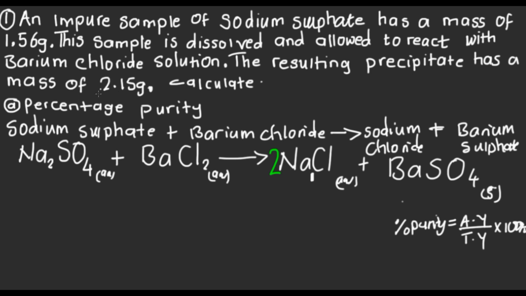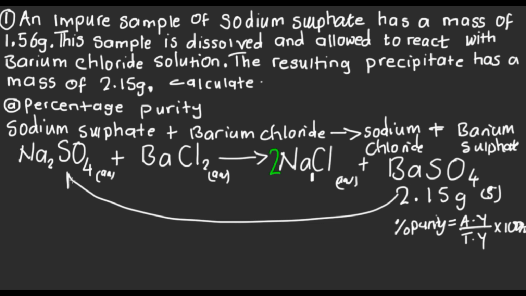So now after this equation is balanced, what are we supposed to do? We are given the mass of this precipitate, 2.15. So this is our theoretical yield. Now from this theoretical yield, we need to find the mass of sodium sulfate which was pure.